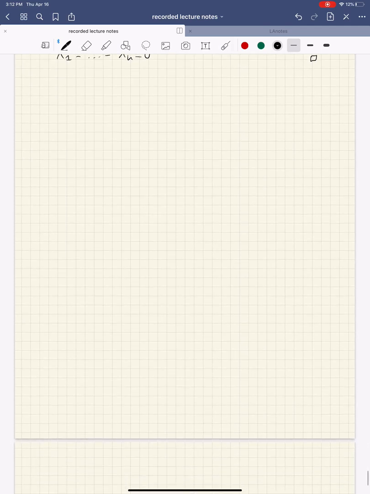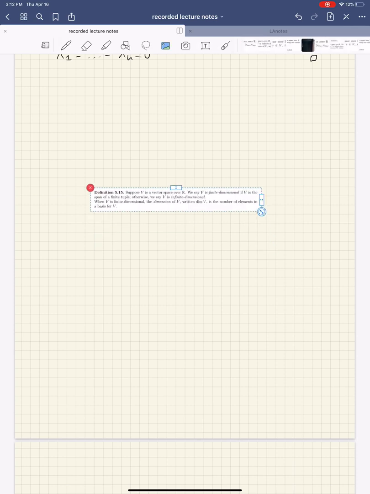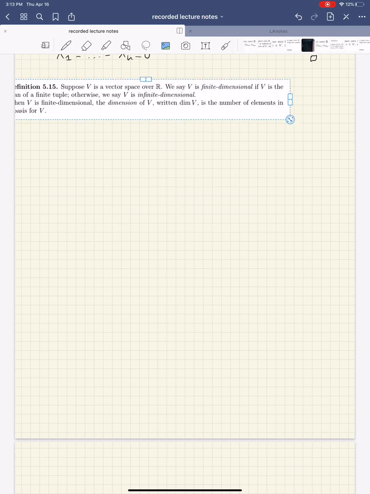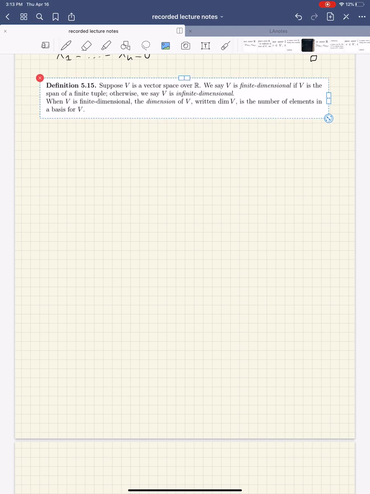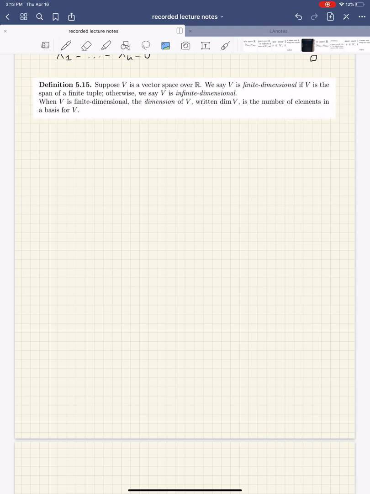So now we would like to make the following definition. Let me pull this up. Suppose there's a vector space over R, and we want to say that this vector space is finite dimensional if V is the span of a finite set.